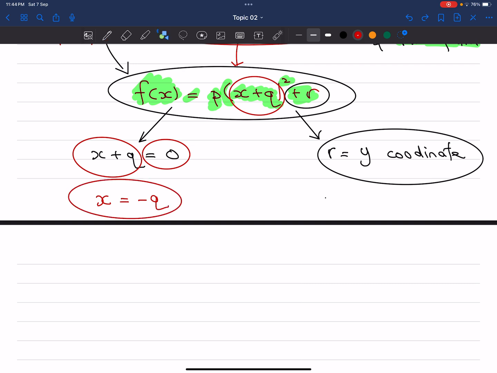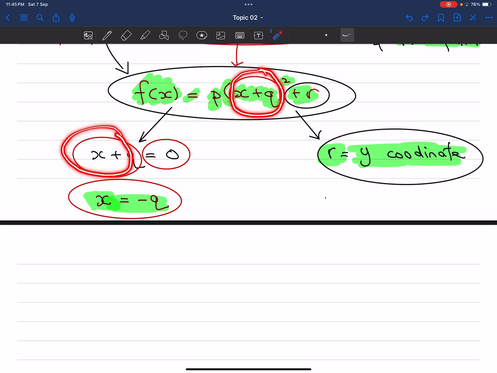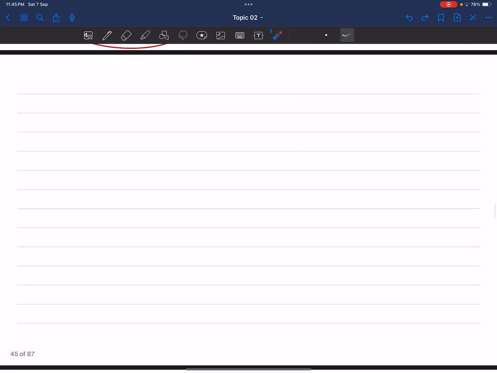So we have got the y coordinate of the maximum or minimum point, which is r, outside the brackets, and we got the x coordinate, which is negative q, by taking inside the brackets and making it 0.